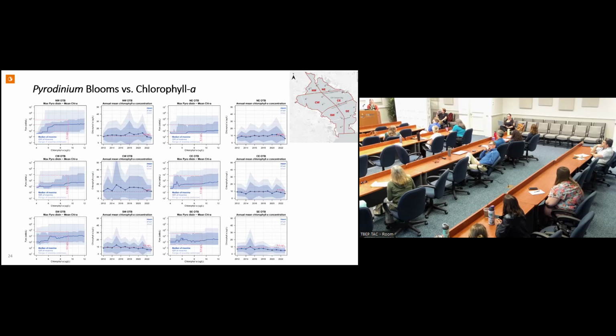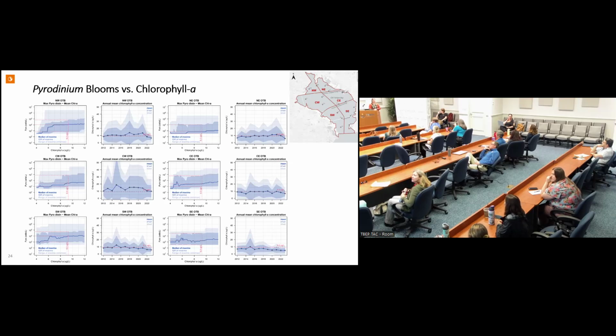And this was the breakdown of all the different sub segments, what they look like. You can see that this is the Northwest, and that's where that signal comes up. And Miles did look at it both ways. He looked at the mean pyridinium abundances compared to the mean chlorophyll, and you saw the same picture, but it was muted.